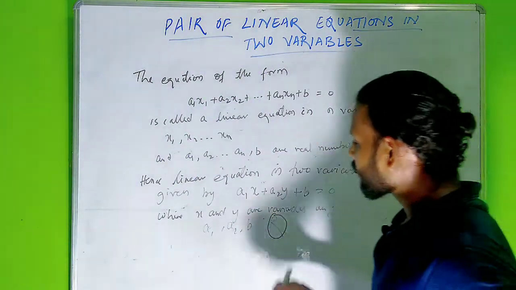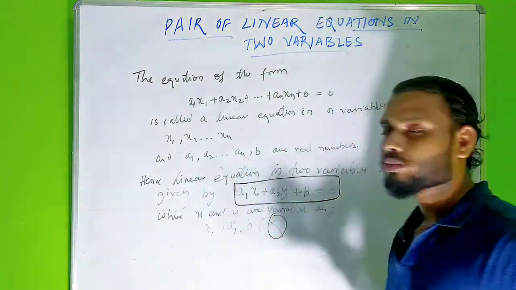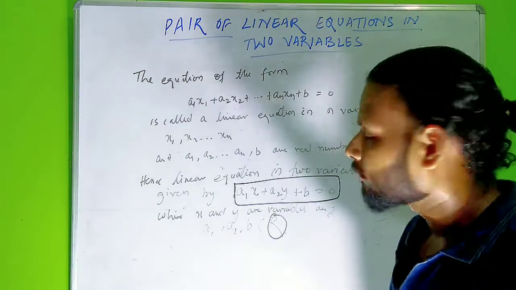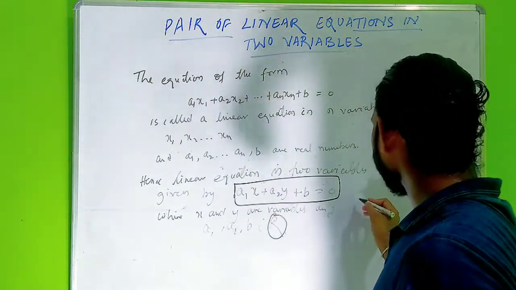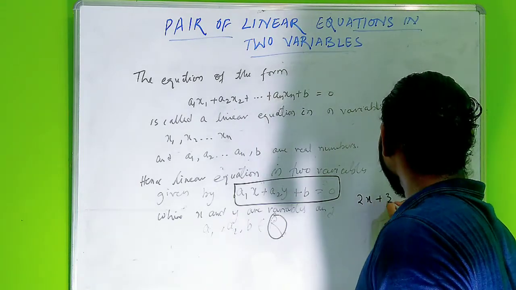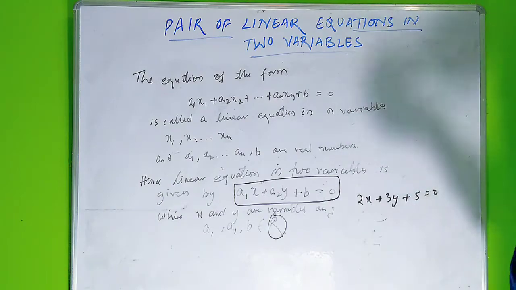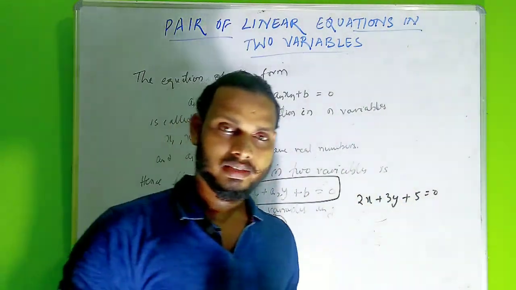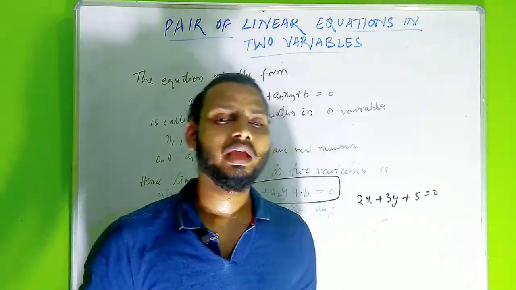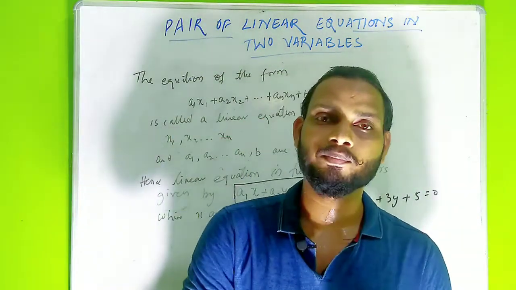Fine. So now, in class 9 actually you have come across all these linear equations of one variable. So when I say, give me an example of a linear equation, I will say, suppose 2x plus 3y plus 5 is equal to 0. So yes, this is an example of a linear equation in two variables. So can you give me what will be the general form of a linear equation of one variable?